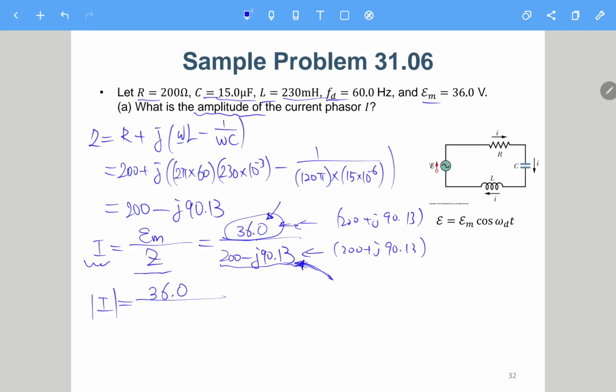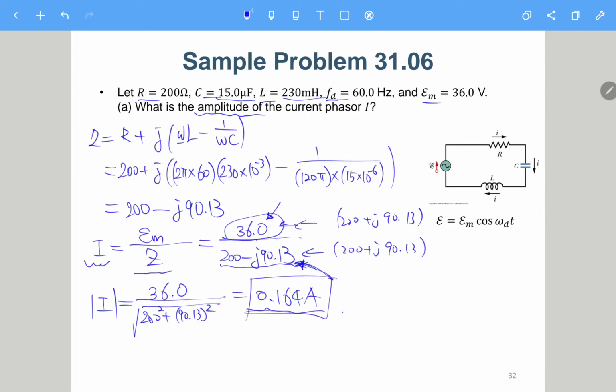The absolute value of the denominator is 200 square plus 90.13 square, and then take the square root. So this is nothing but 0.1648. Okay, this is the amplitude, which means that the amplitude is nothing but this one.